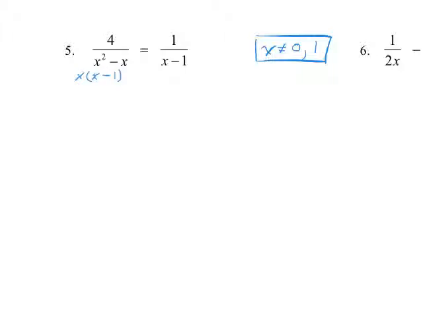Multiplying both sides by the lowest common denominator. On the left, we'll multiply by x times x minus 1. On the right as well, x times x minus 1. Then we can see the common factors that will cancel out. Both of those cancel with both of these, so this denominator is completely gone. Here x minus 1 cancels, and we're left with an x.